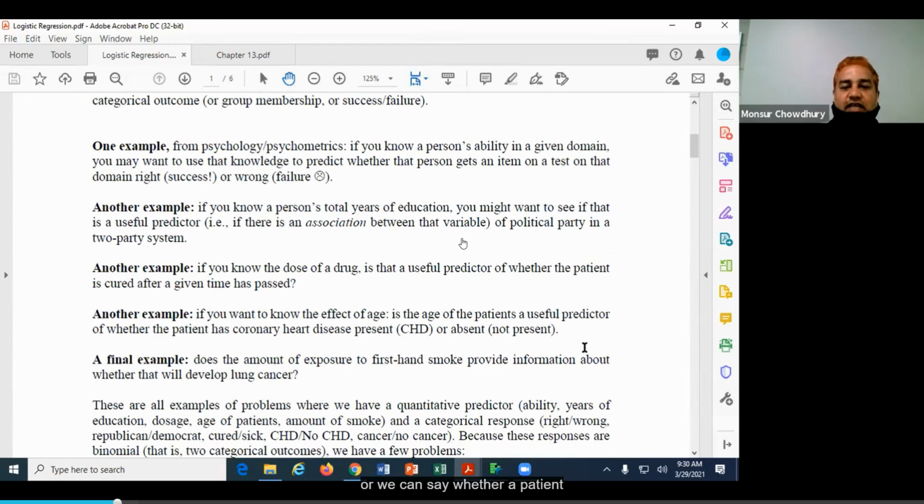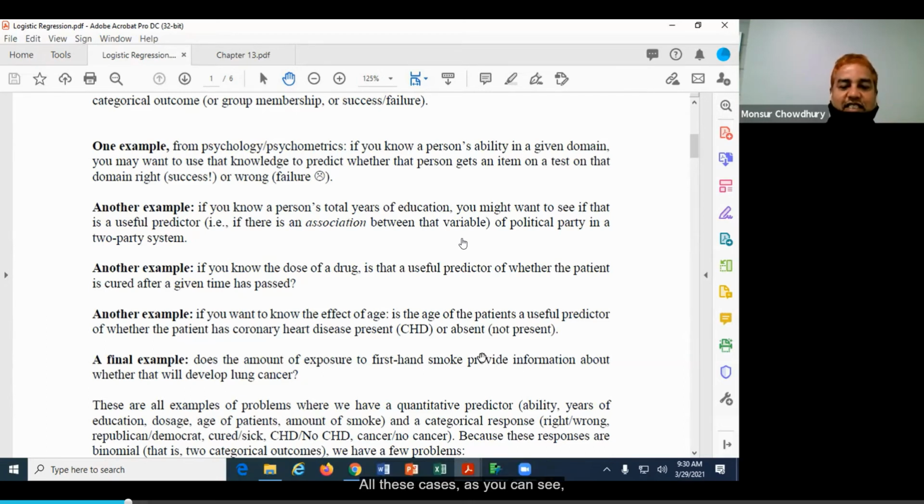Or whether a patient is cured after a given time has passed, based on the dose of a drug. Or whether the amount of exposure to first-hand smoke provides information on whether they will develop lung cancer or not. Here our response variable is lung cancer or not, based on the amount of exposure.